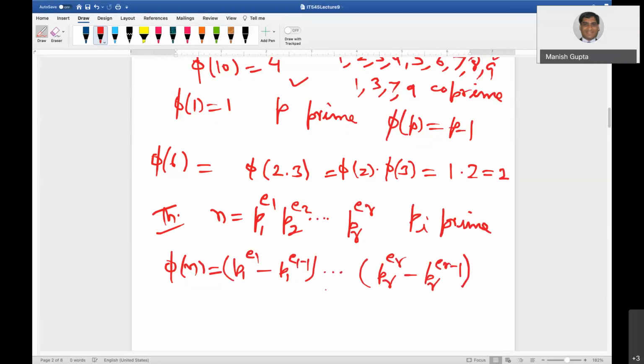This is also written as n times the product over primes p dividing n of 1 minus 1 by p.